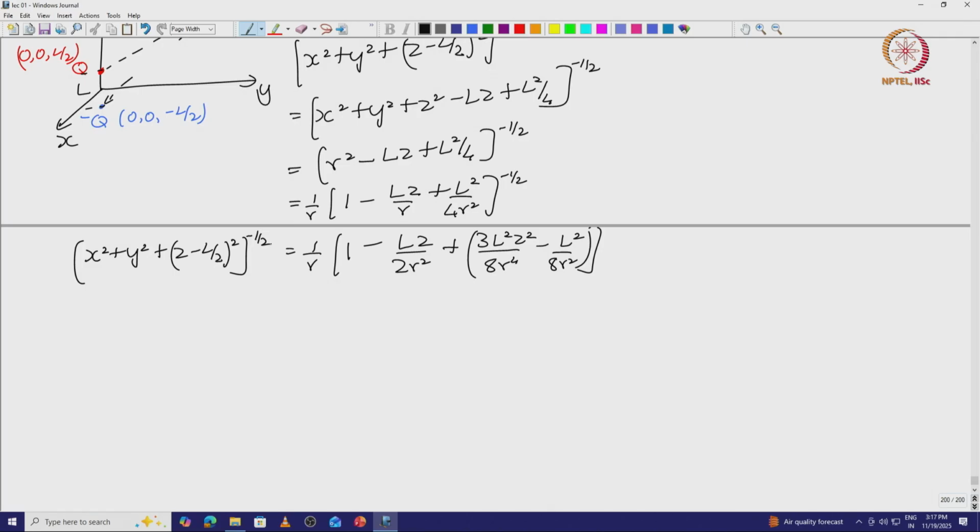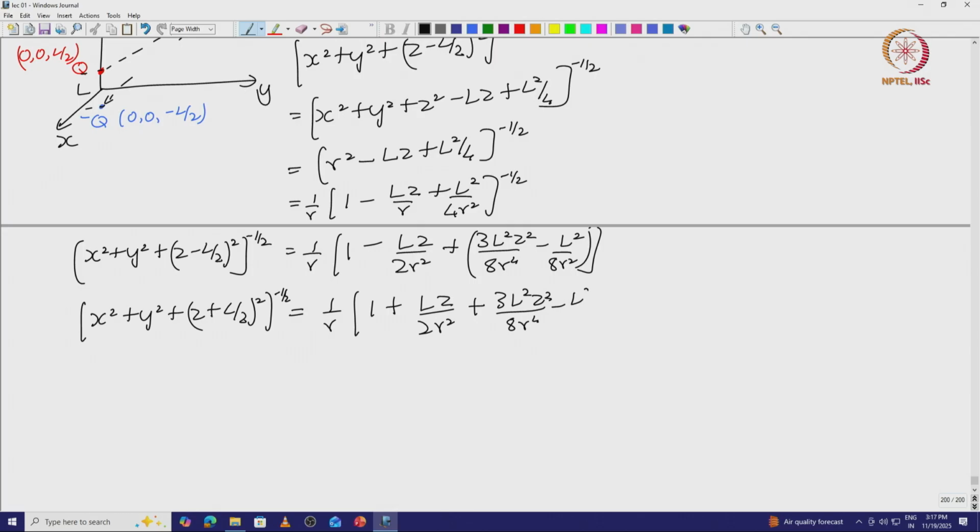If I take the other term, x square plus y square plus z plus L by 2 the whole square, to the minus half, I just have to reverse the sign of L in this first expression: plus Lz by 2 r square plus 3 L square z square by 8 r power 4 minus L square by 8 r square.